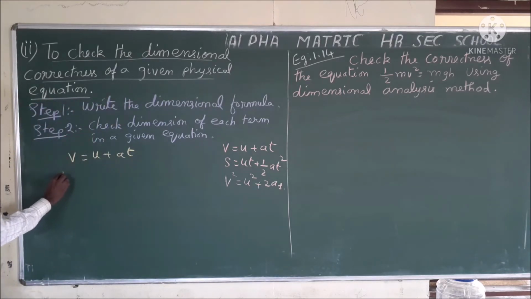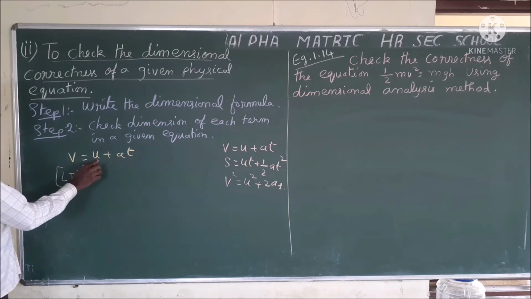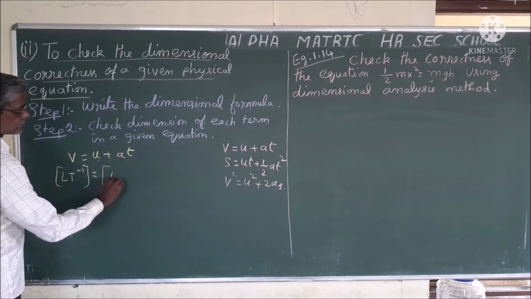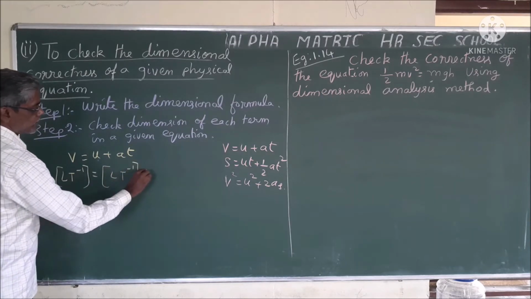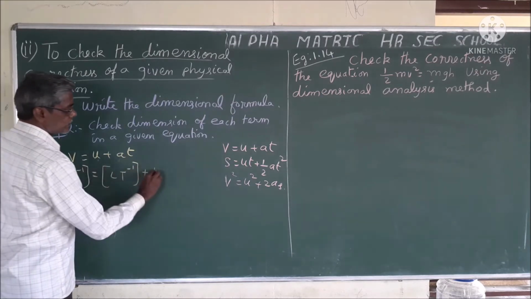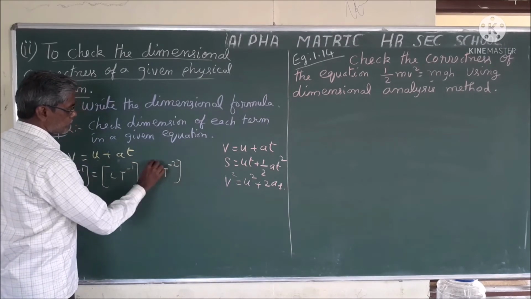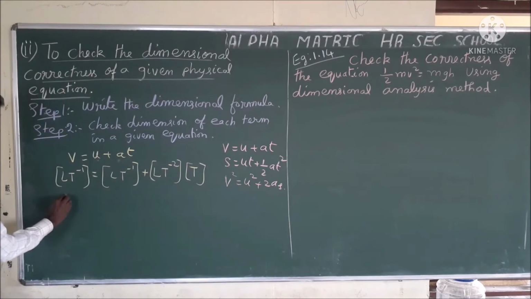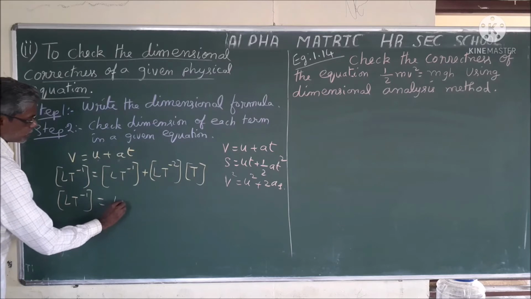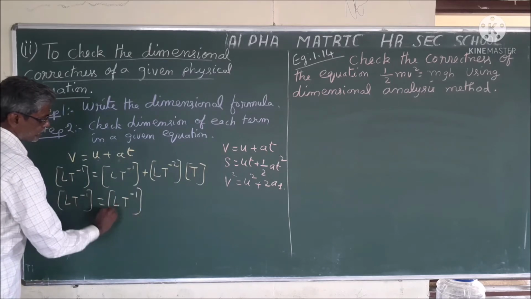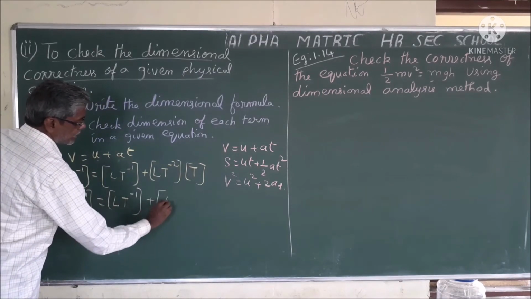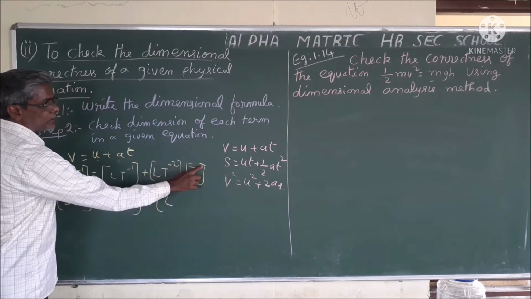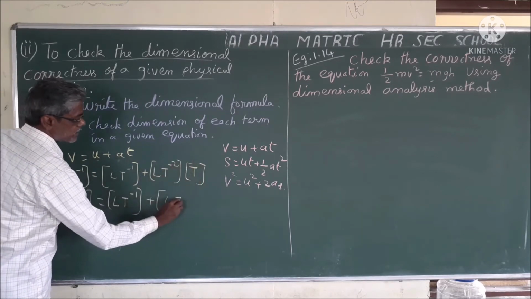Velocity dimensional formula is Lt minus 1. This is u, initial velocity, so Lt minus 1, plus a, acceleration, Lt minus 2, this t. So Lt minus 1 is equal to Lt minus 1 plus Lt minus 2 plus 1. It becomes minus 1.